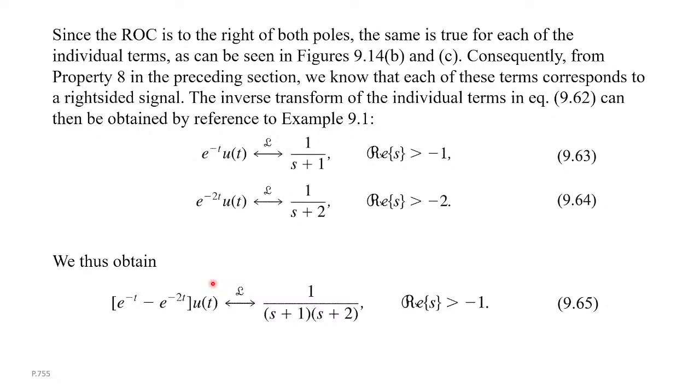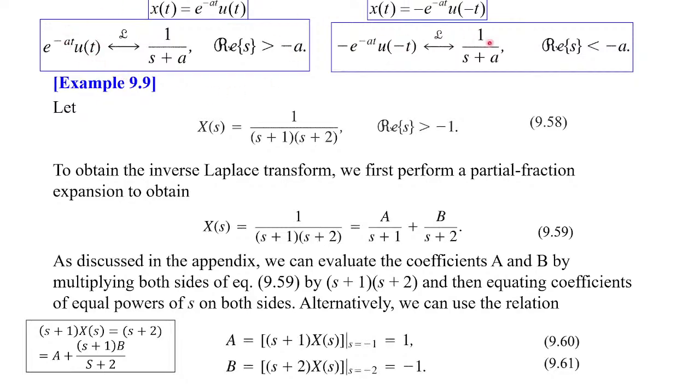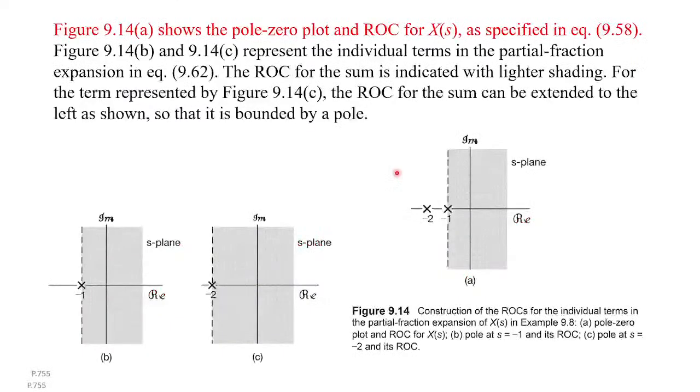Any question about how we do this inverse Laplace transform? Basically, you do partial fraction expansion, and for each term there are two possibilities: you use either this inverse or that inverse. The difference is the ROC. So we need to look at the ROC of the original function and think about how you can get this ROC as a union of the ROCs of the partial fractions.